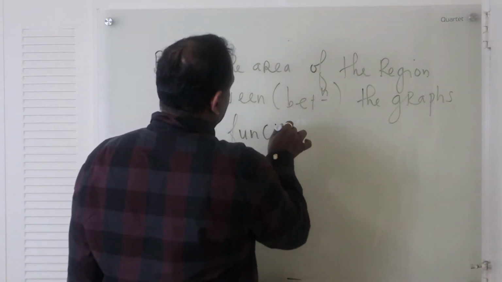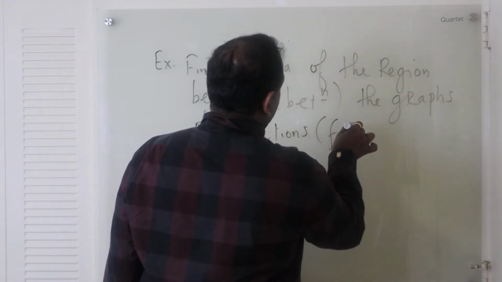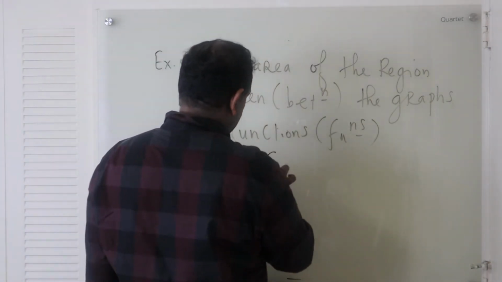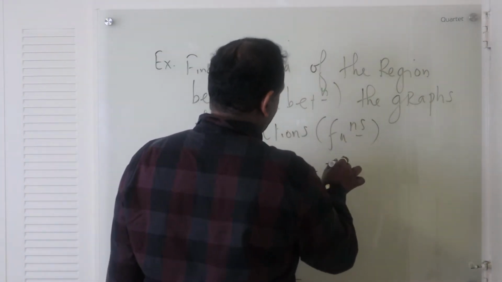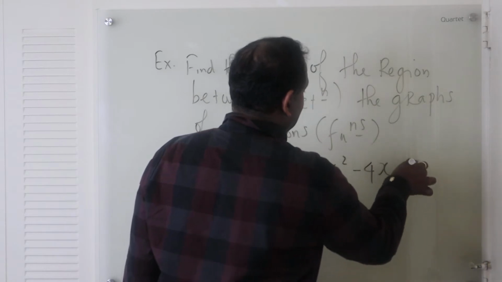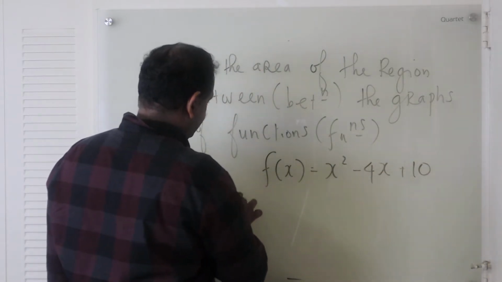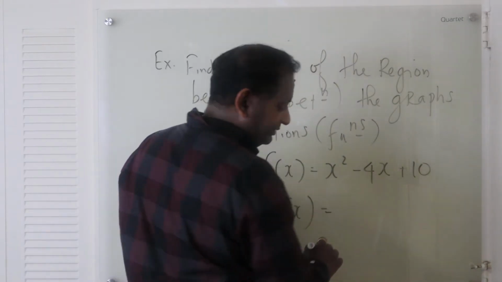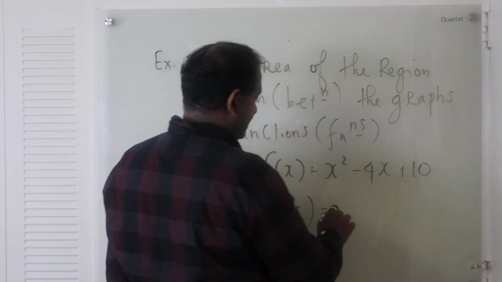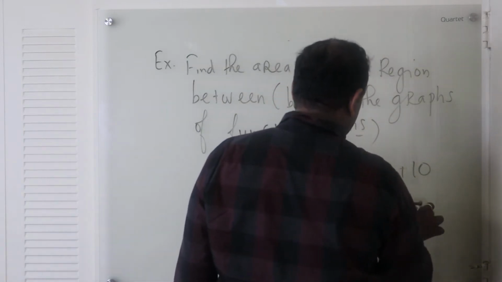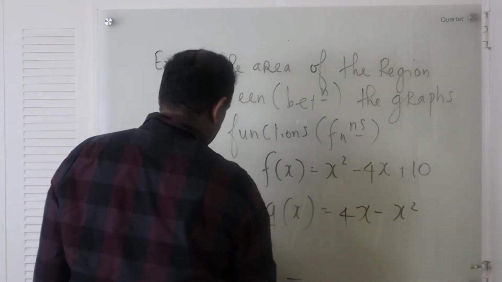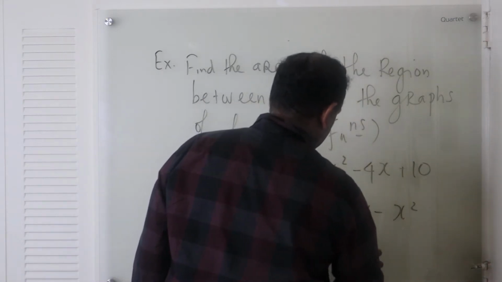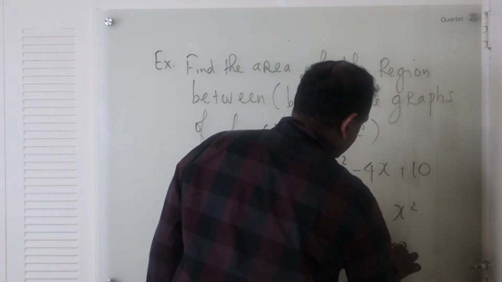functions, I'm going to write functions in this abbreviation, f of x equals x squared minus 4x plus 10, and g of x is nothing but 4x minus x squared over the interval 1 to 3.